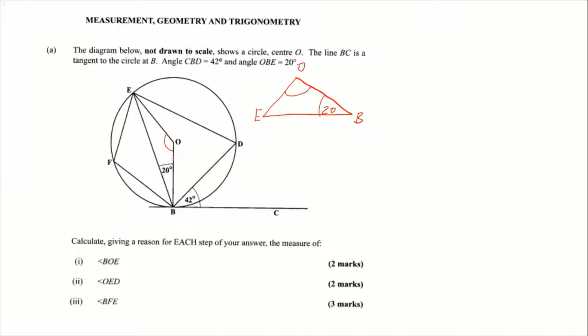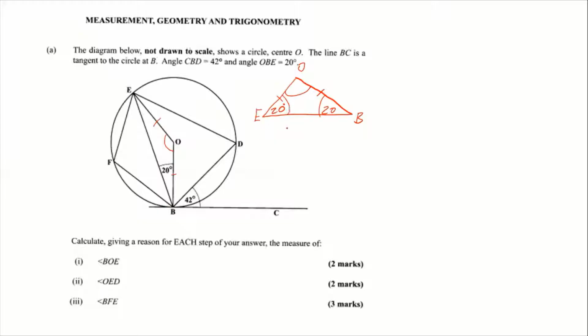Now what do we know? We know that OB is a radius, therefore this length is equal to this length. So therefore this length is also equal to this length, which means that this triangle is an isosceles triangle. So therefore these base angles are going to be equal, so this angle is going to be 20 degrees, right?